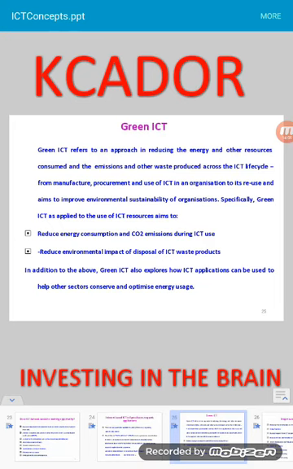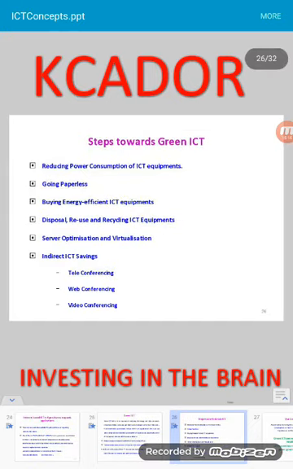In addition to the above, green ICT also explores how ICT applications can be used to help other sectors conserve and optimize energy use. This is really important. Steps towards green ICT are important to learn. Reducing power consumption.